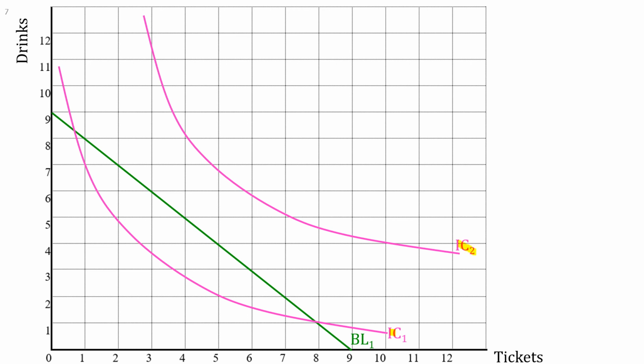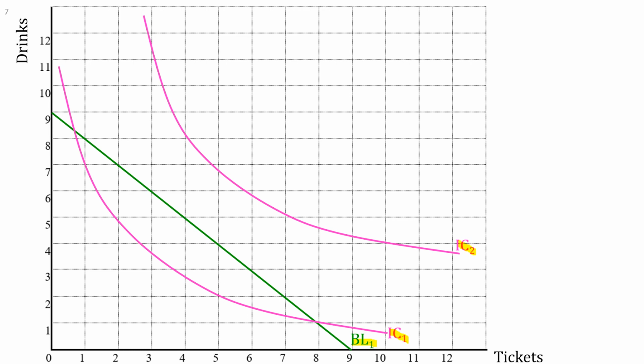We would like to be as high as possible. But is it possible to be on IC2? Remember, you can only go as far as your budget line, and your budget line limits you to the green line. So you can't go above the green line. So IC2 is not achievable. It's desirable, but it's not achievable.